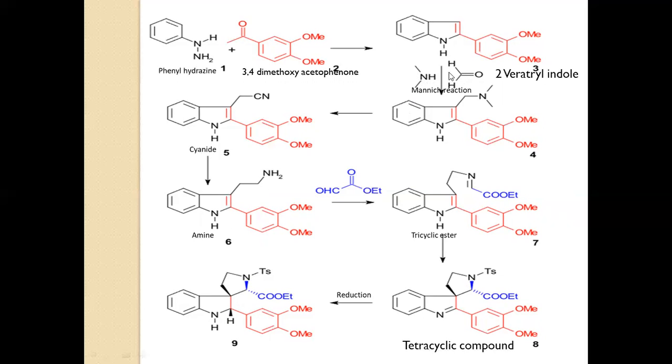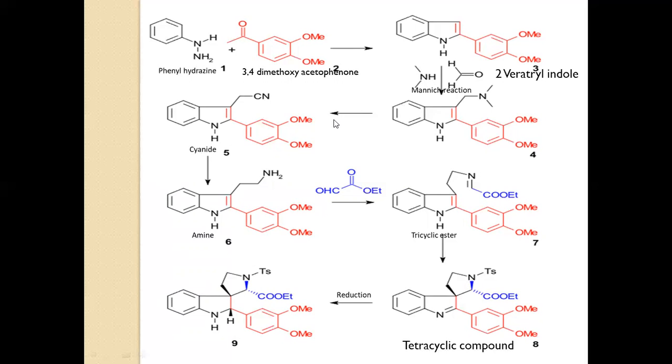Here you can see this is dimethylamine. So 2-veratryl indole reacts with dimethylamine. This dimethylamine attaches to the indole nucleus. So this is the product formed. There is no change in the other parts, just the dimethylamine molecule adds to this particular carbon atom.